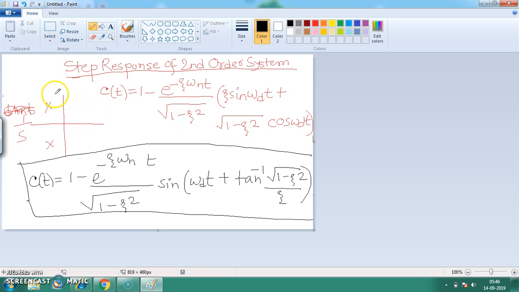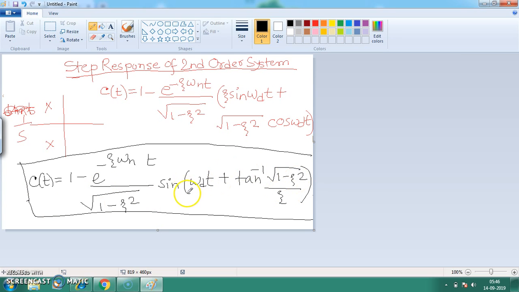What type of system? Now, which is having poles in left half of S-plane with certain real and imaginary parts. And if we put unit step to this system, we can expect this type of response. Now, what does this type of response actually mean?